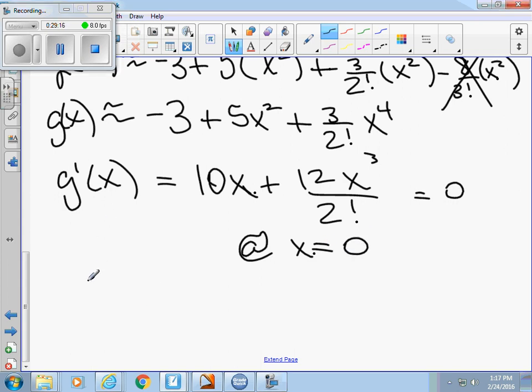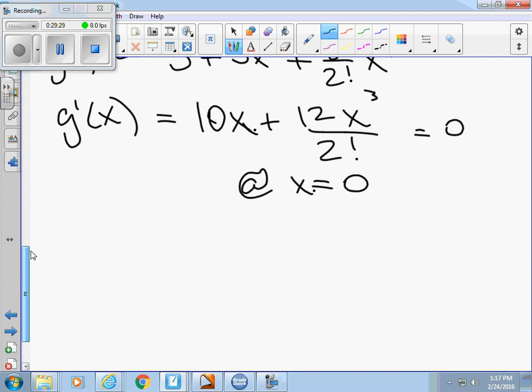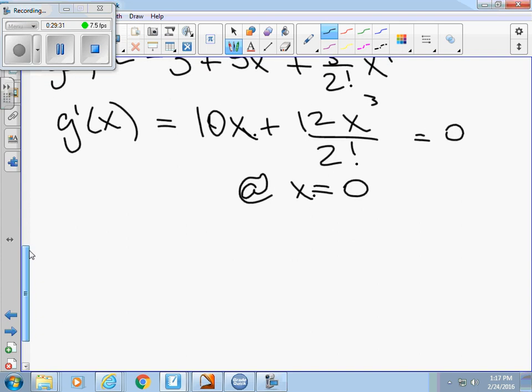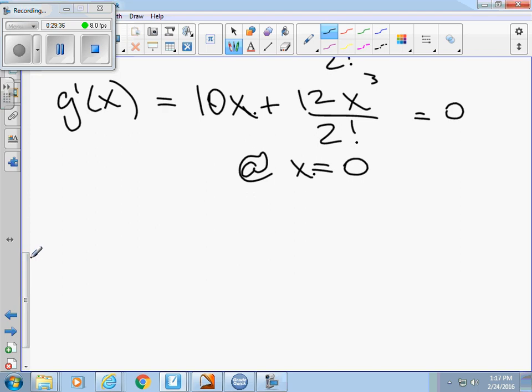So that equals 0 at x equals 0. So at x equals 0, we agree we have a critical point. How can I tell if it's a maximum or a minimum? I could do a first derivative test, although I would argue it might be difficult to plug in.